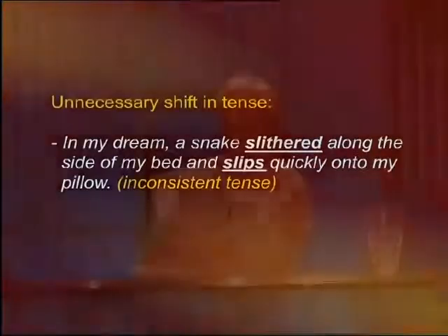Now, if you look at that sentence, there are two verbs. The first verb, slithered, is in the past tense, and the second one, slips, is in the present tense. There is no need for the writer to slip from one tense to the other. There is no need for the sudden shift from the past tense, slithered, to the present tense, slips.